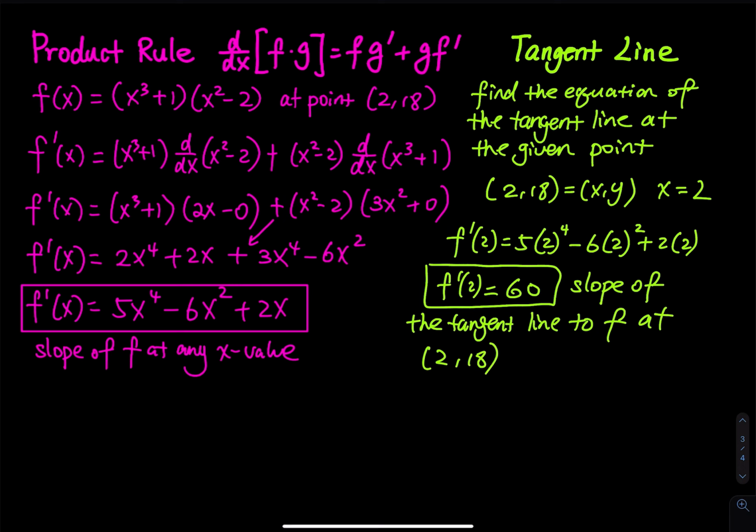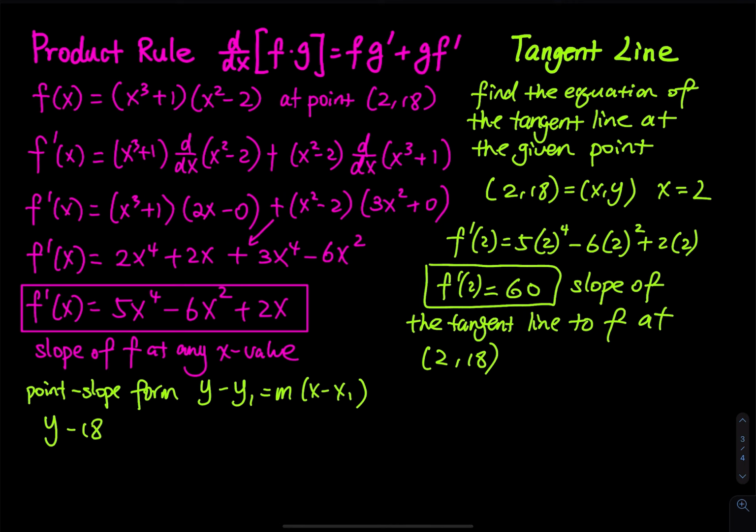So now we have a slope and we have a point, and then we can use the point-slope form to build the tangent line. So let's recall the point-slope form: y minus y1 equals slope times x minus x1. So y1 is 18, so y minus 18 equals 60 times x minus x1, which is 2.